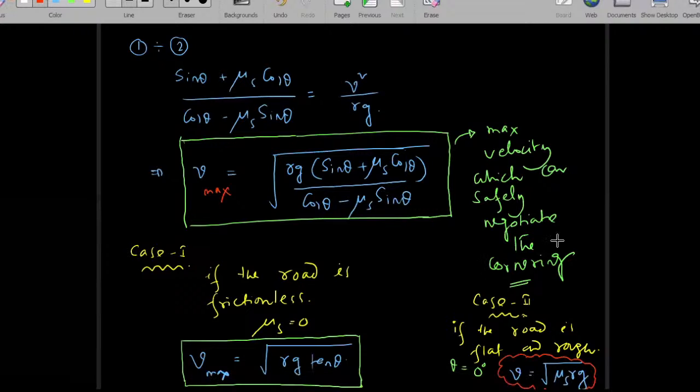Fine. So now let us see the general case. The general case in the sense that, I will write like this, bending of a cyclist on a curved road.